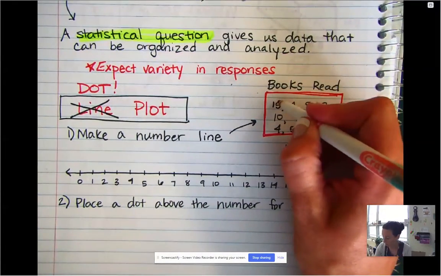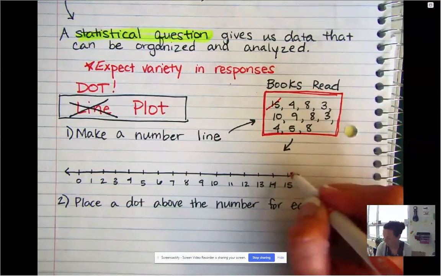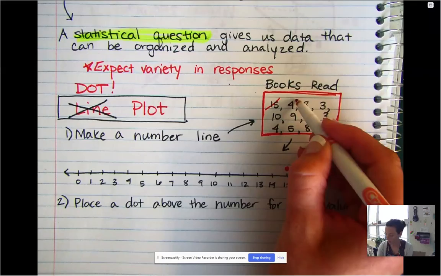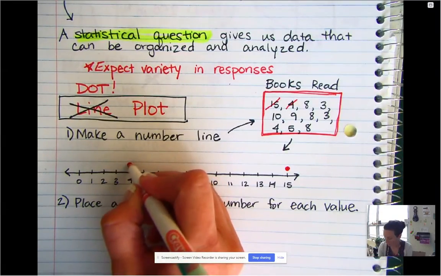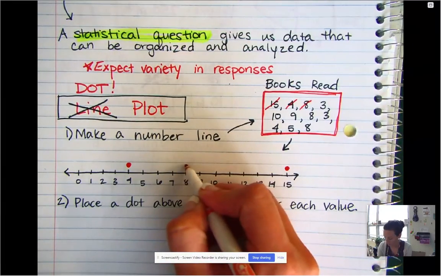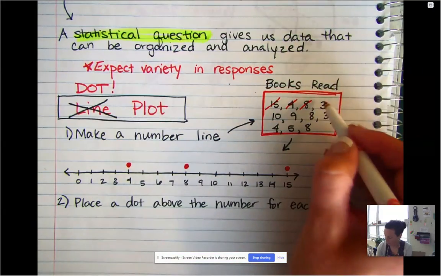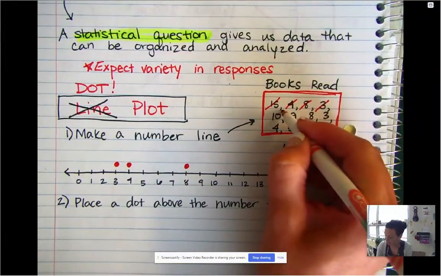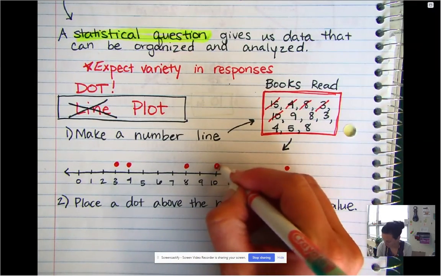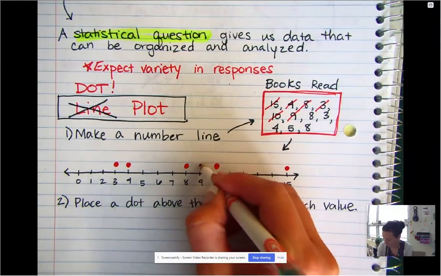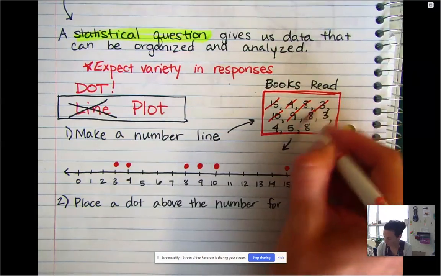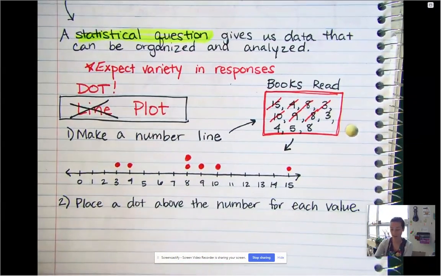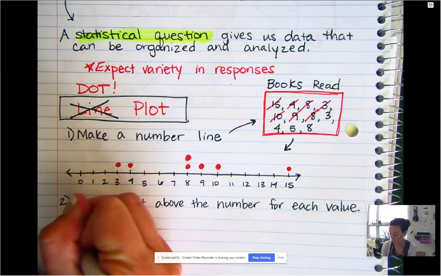So 15, so I'm gonna cross it off and put a dot above 15, so I don't actually do that one twice. 4, 8, 3, 10, 9, 8. And when you have more than one dot on a number, you stack it above.